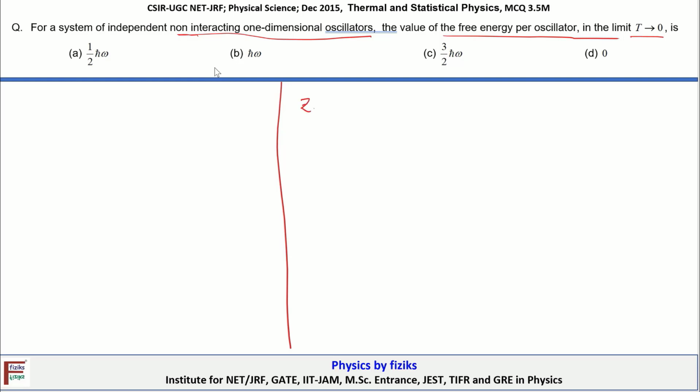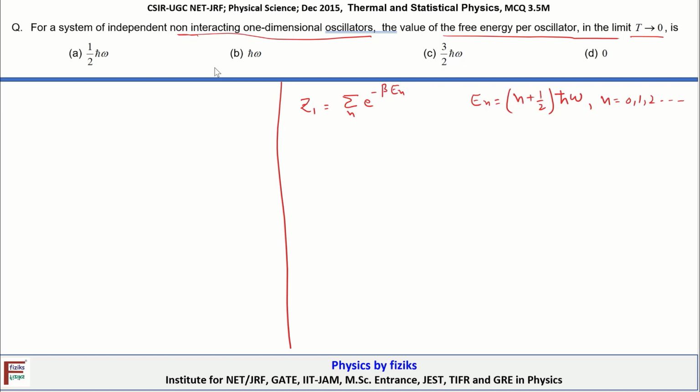For a single oscillator, partition function Z1 is equal to the sum over all states of exponential minus beta En. We know that for the oscillator, the energy spectrum is given by (n plus half) h-bar omega, where n can take values 0, 1, 2 and so on.